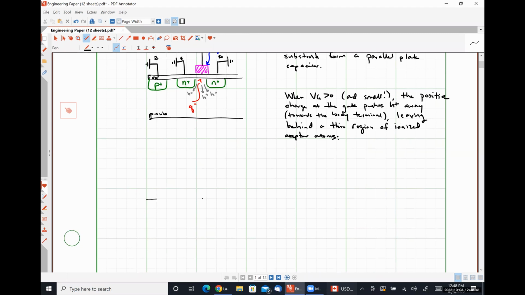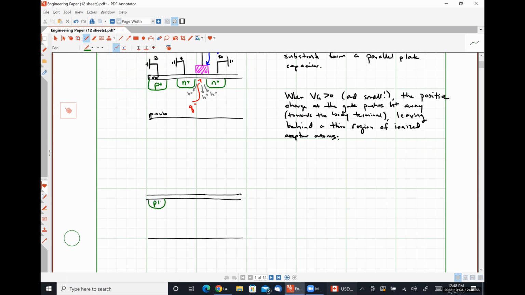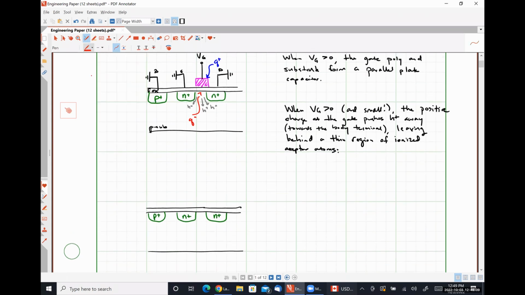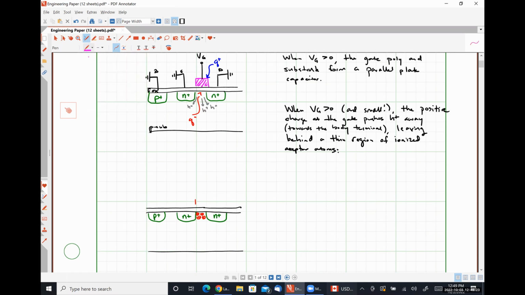So we would have something like this. Those are our ionized acceptor atoms. Polysilicon gate. Those are all negative.